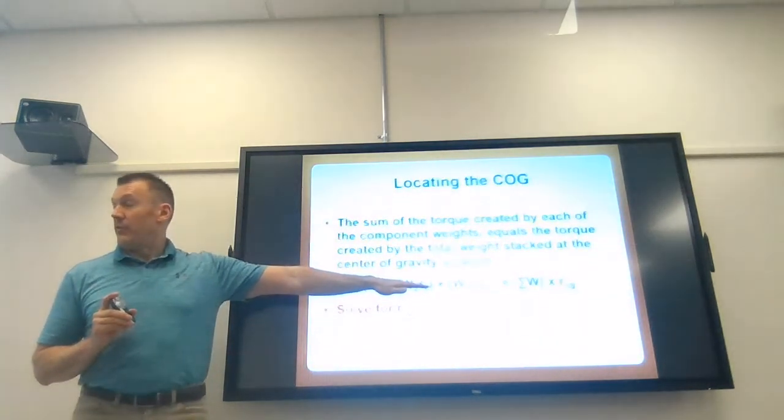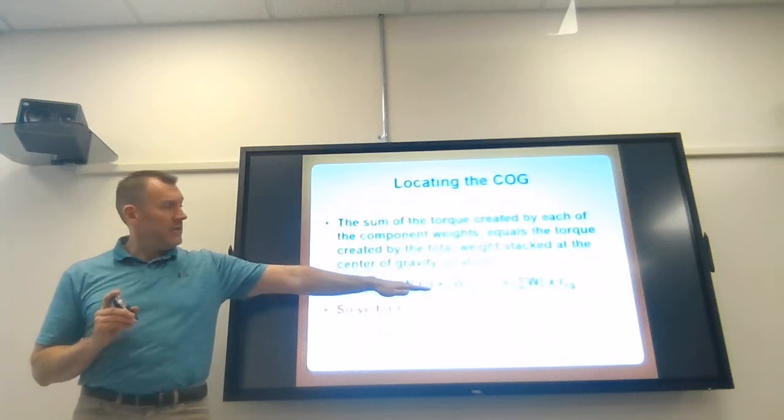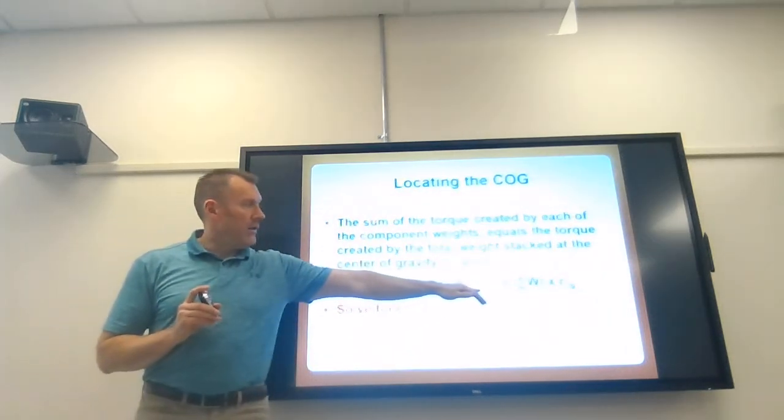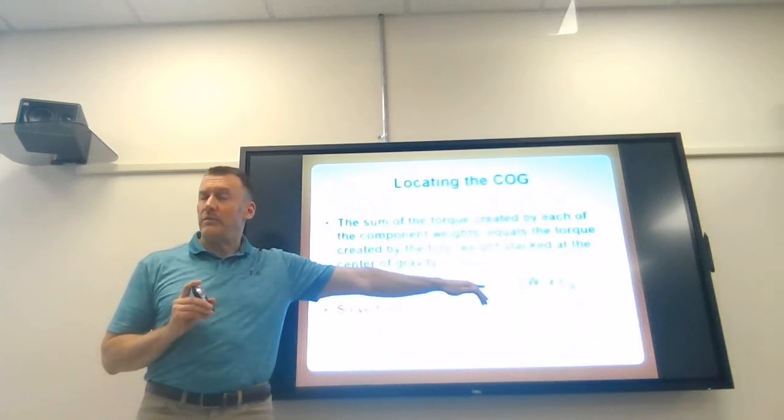You've got 147.15 times 1.8 meters. You've got 196.2 multiplied by 1.1 meters.